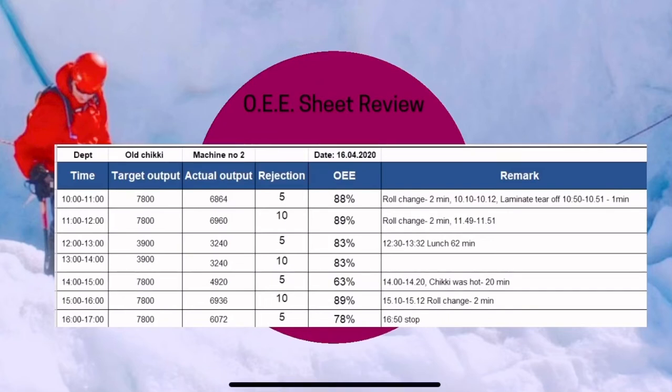Also, you can see that the fourth column is rejection. And if you remember, we have another type of waste which is defects. This defect and this rejection are the same. So if you fill this O.E.E. sheet and review it regularly, you can easily identify your wastages and losses in the system, and they majorly lie in operational downtimes. So this is one of the mechanisms.